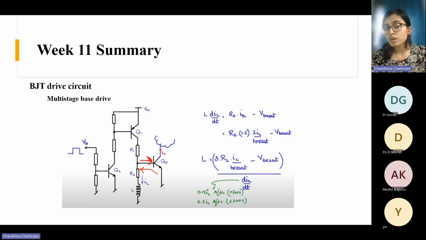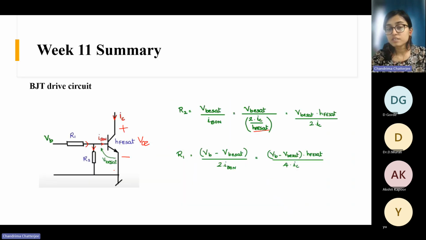Because if you don't use this multi-stage circuit, and directly use a source and then these two resistors, then you need to select a source whose current rating is quite high, right?